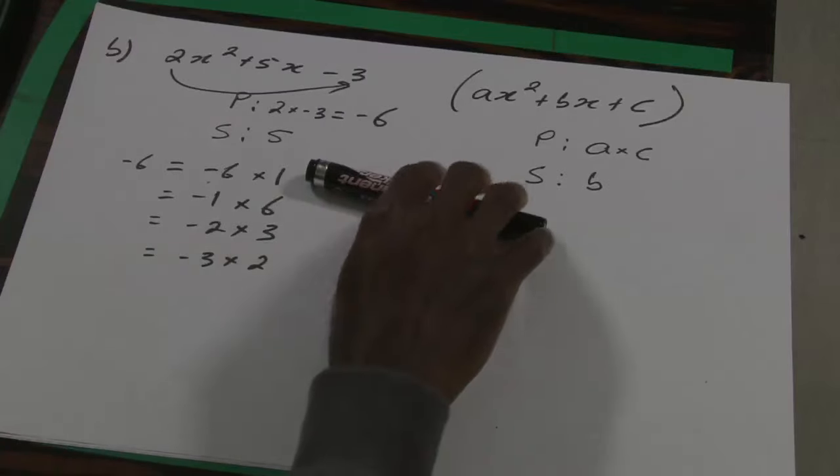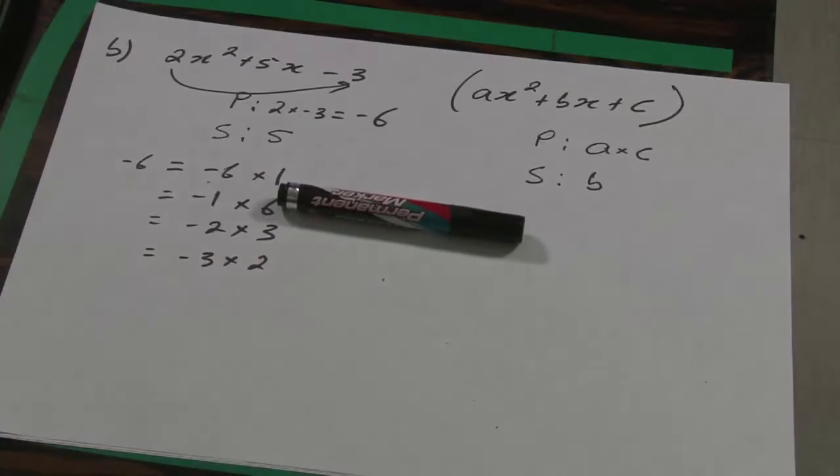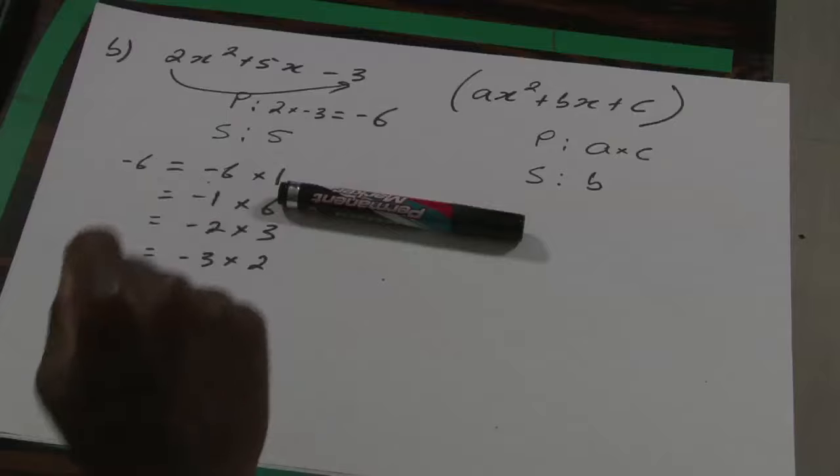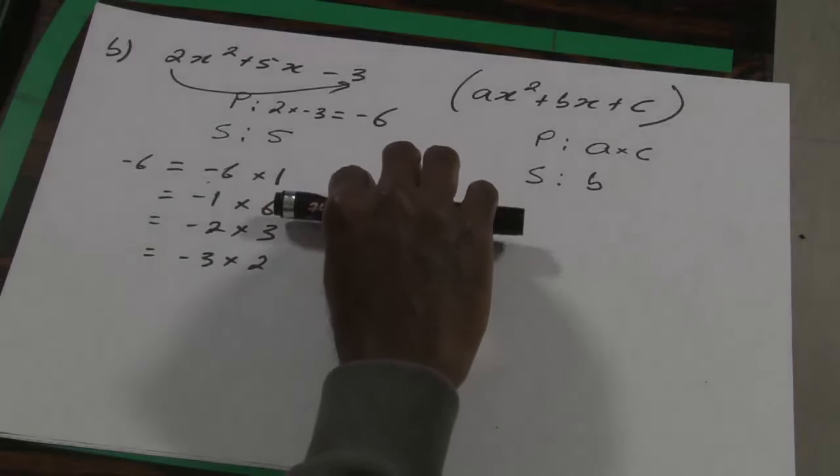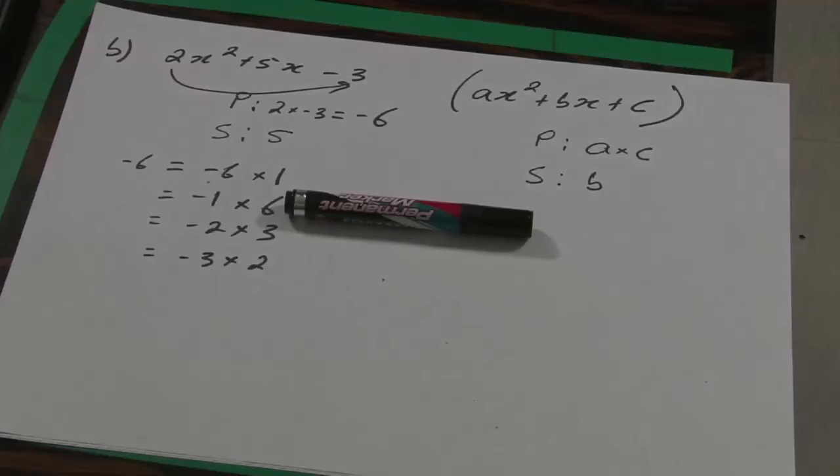That gives us 5, isn't it? This one gives us the correct combination. If you look at the other two, their sum will either be 1 or -1, and therefore those two are also out. And therefore the second combination gives us what we want, that if we multiply them, we get -6, and if we add them, then we get 5, which we want.